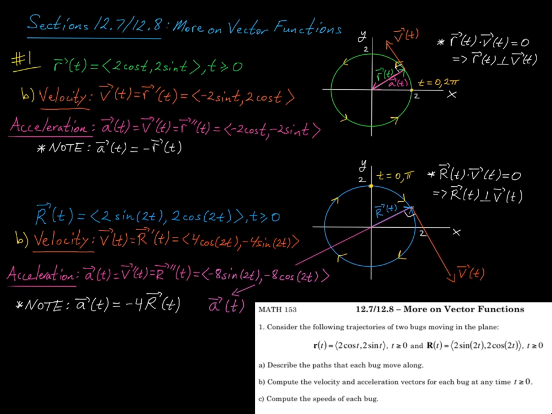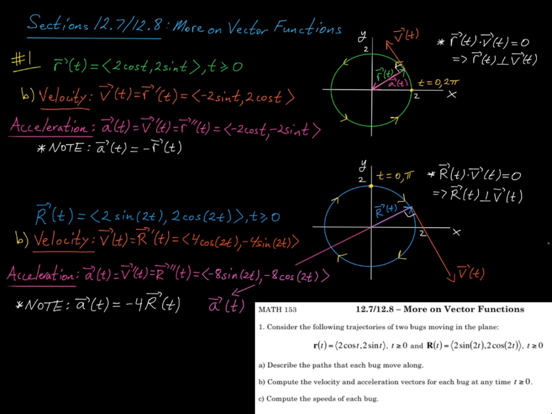So once again, the acceleration vector is going to point directly towards the center of the circle, but now, from these factors of 2 that we keep picking up from differentiation, that's going to stretch the acceleration vector out. It's going to be 4 times as long as our position vector.